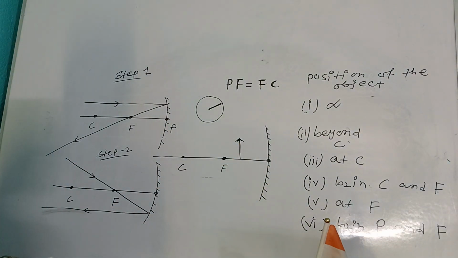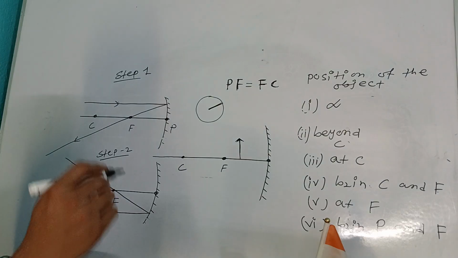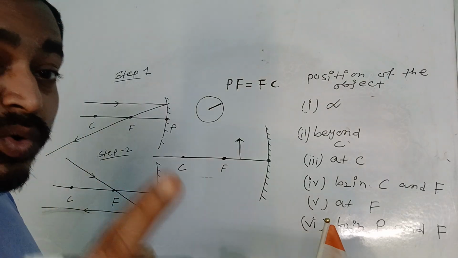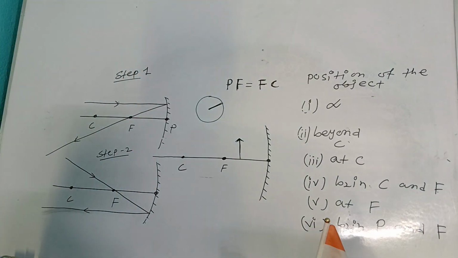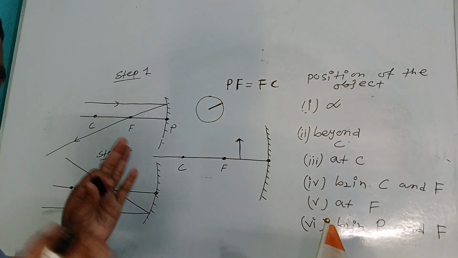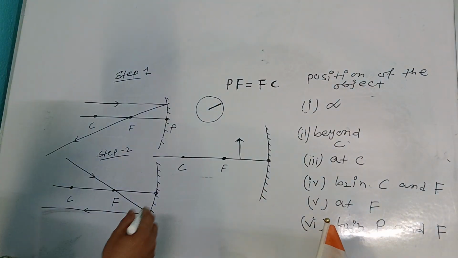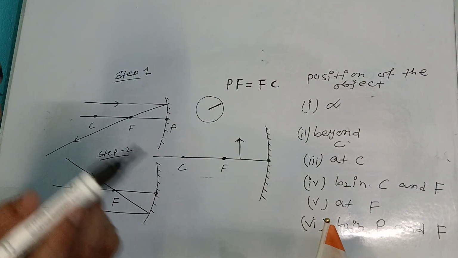So normal incident means it must be collinear with the center of curvature, with the radius of curvature. Or it must pass through the center of curvature.